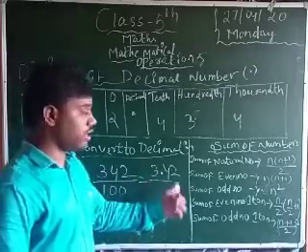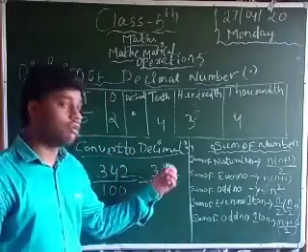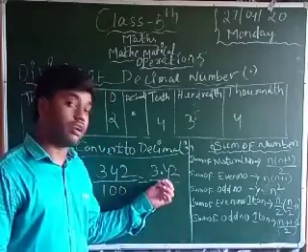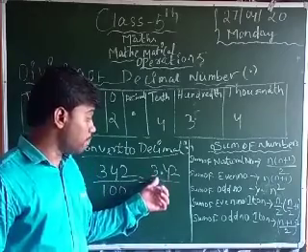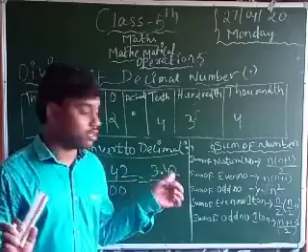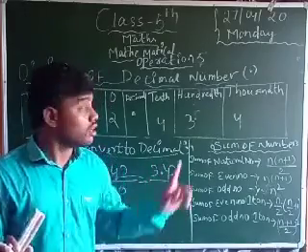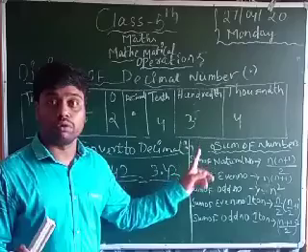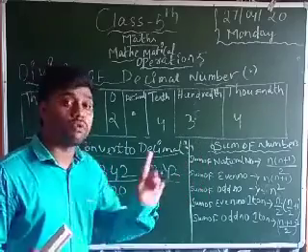3.42: 3 decimal 42. You read it as 42, not as 4 tenths 2 hundredths.